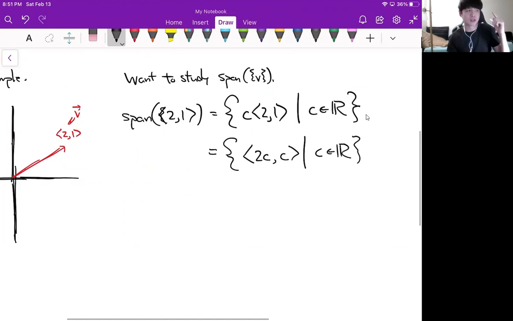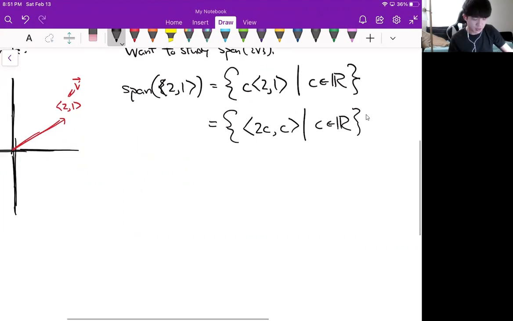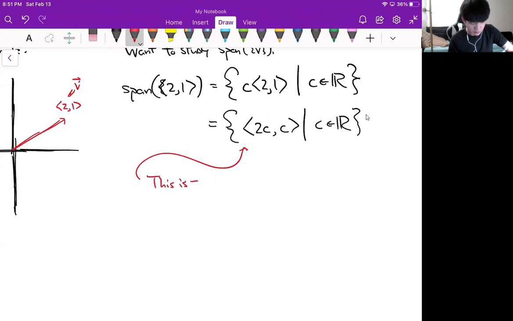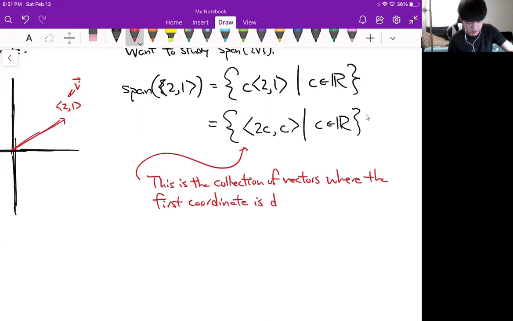If you're still not sure what that looks like, then start picking random numbers, right? But I'm just going to tell you, this is the collection of vectors where the first coordinate is double the second, right?